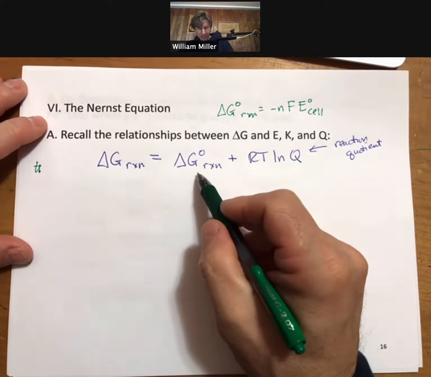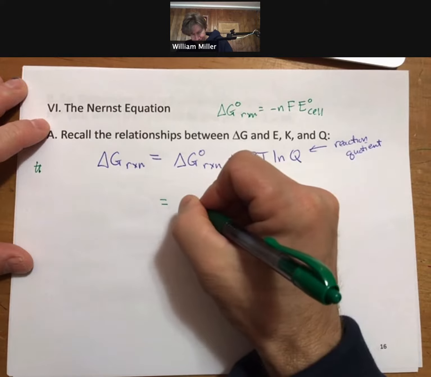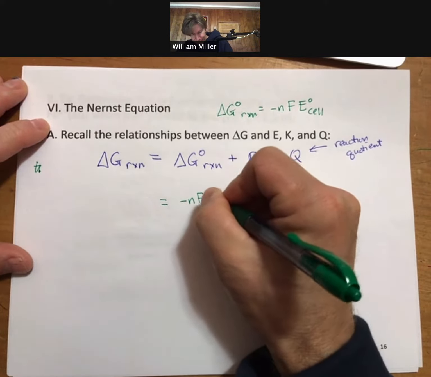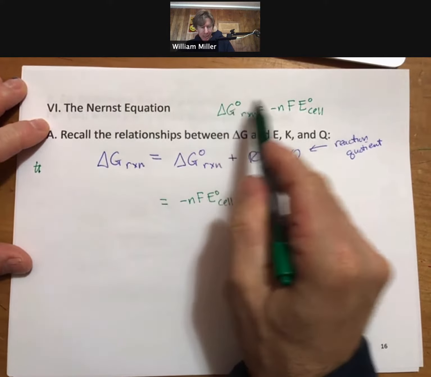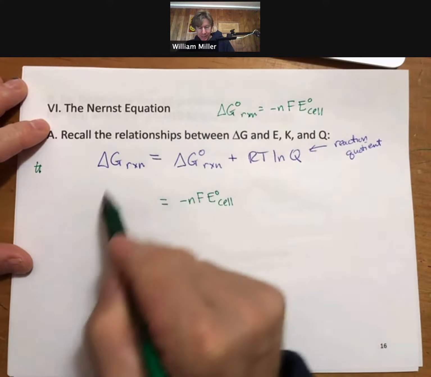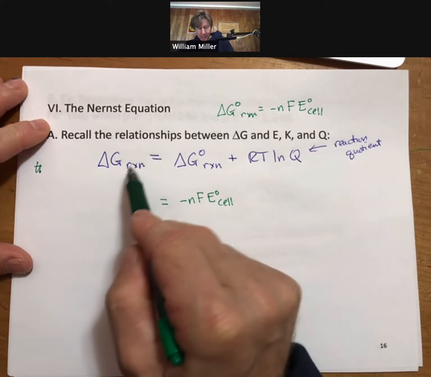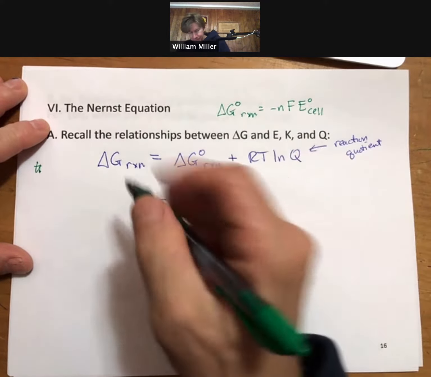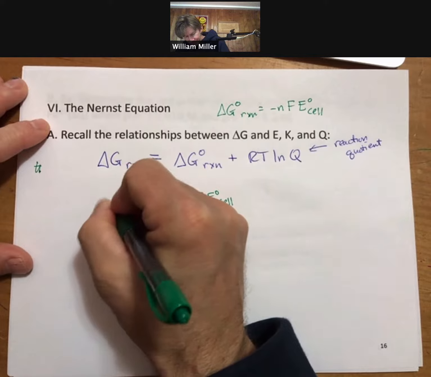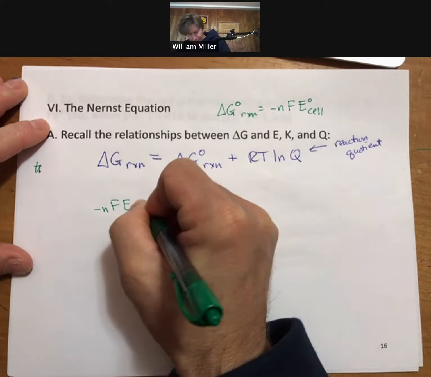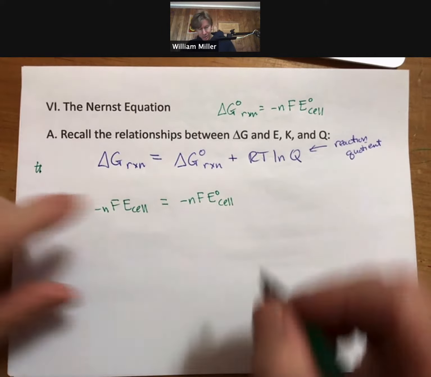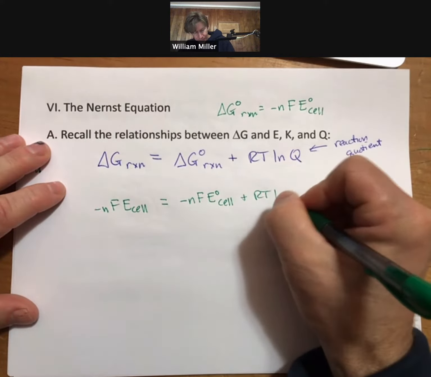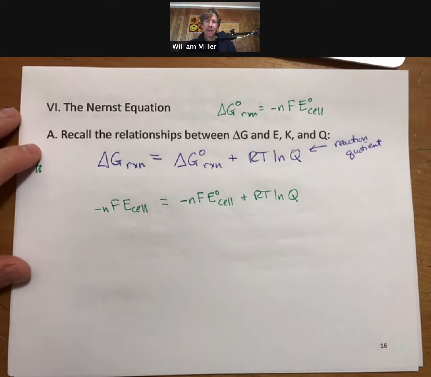So we can make a substitution here. We can do the same thing with the not to get an E cell that is not standard and allows us to adjust for non-standard concentrations and partial pressures.